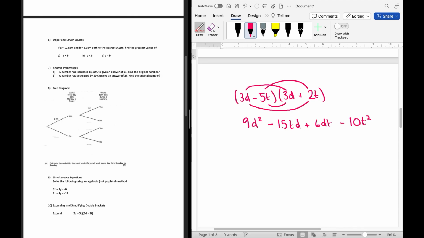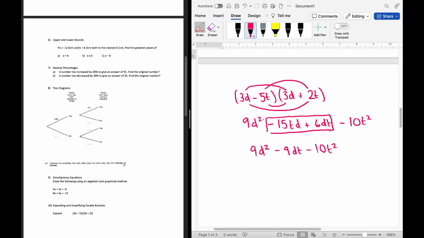And t times t is t squared. Even though I've written them in a different order, these two are the same type of term and can be collected together and simplified. Minus 15 plus 6 is minus 9, and I like to write them in alphabetical order. I think that's probably a nice way to do it.